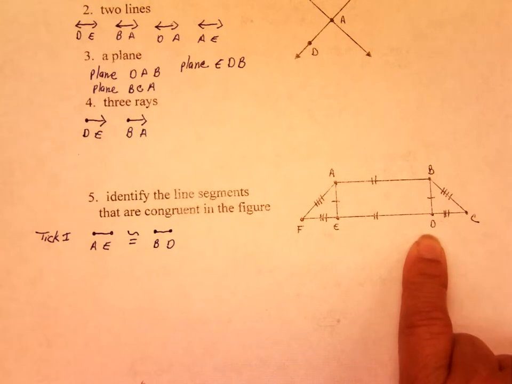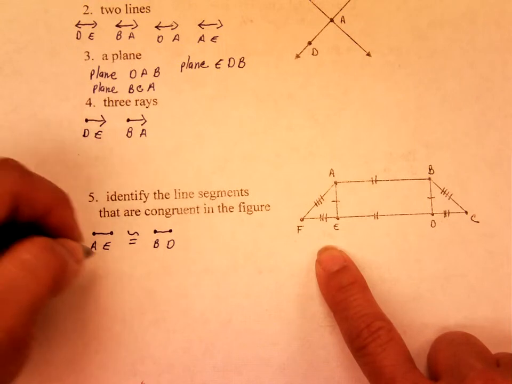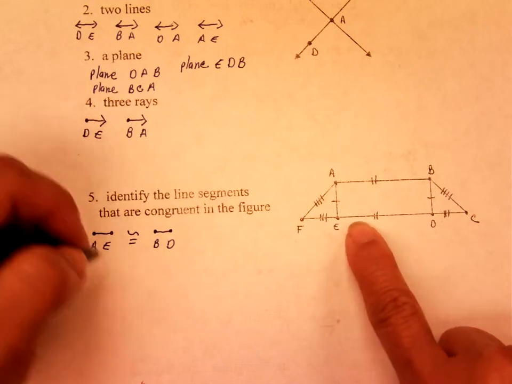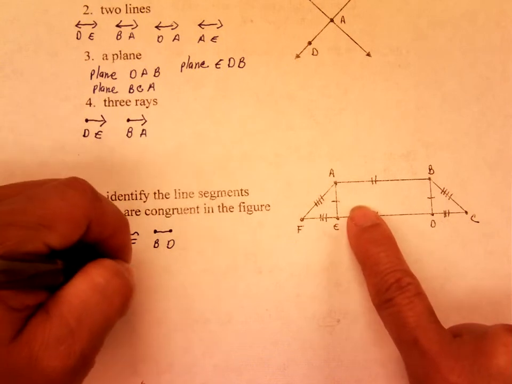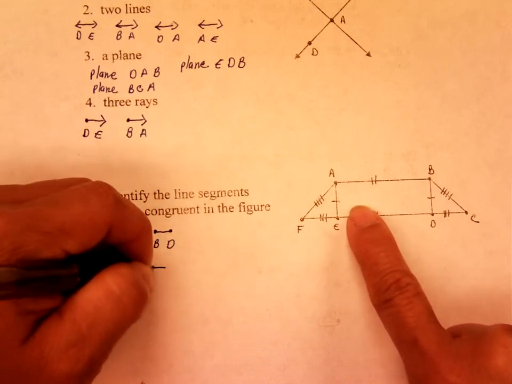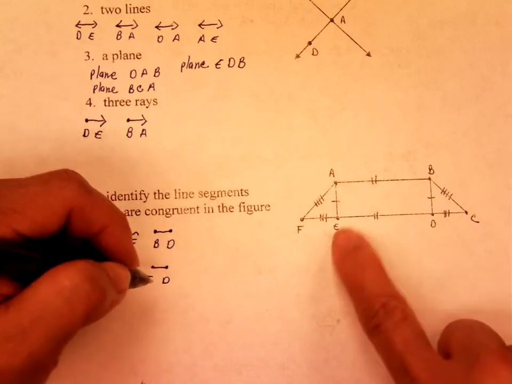That's with tick 1. Now let's look at tick 2. So with 2 ticks, you have line segment AB is congruent to line segment ED, because they have 2 tick marks right here.